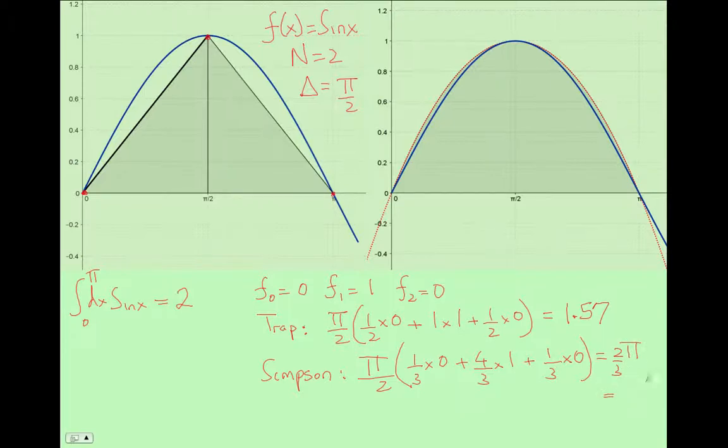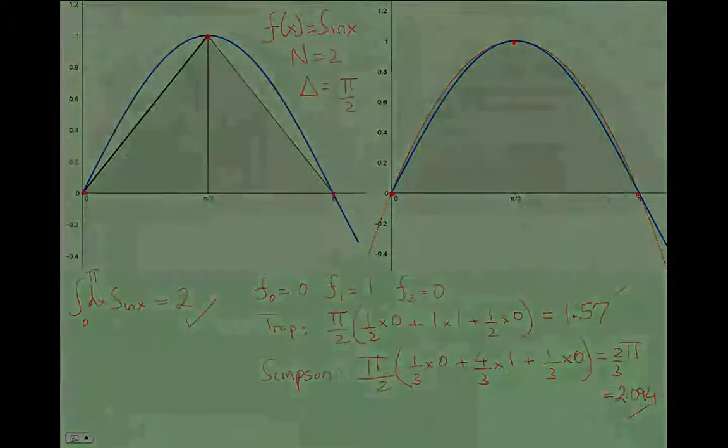And if one just looks at a calculator, that is 2.094. 2.094 is quite a bit closer to 2 than 1.57. And so clearly, the use of Simpson's rule is much better. Clearly, a parabola is doing a much better job than two straight lines.